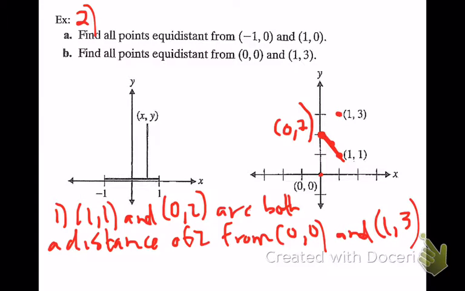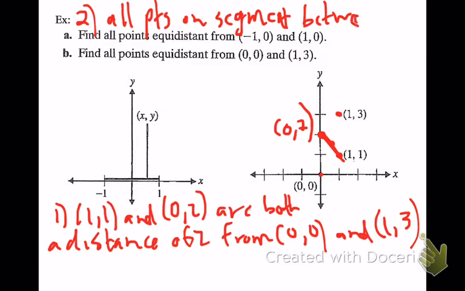So we could say all the points on the segment between 0, 2 and 1, 1 are going to be a distance of 2.